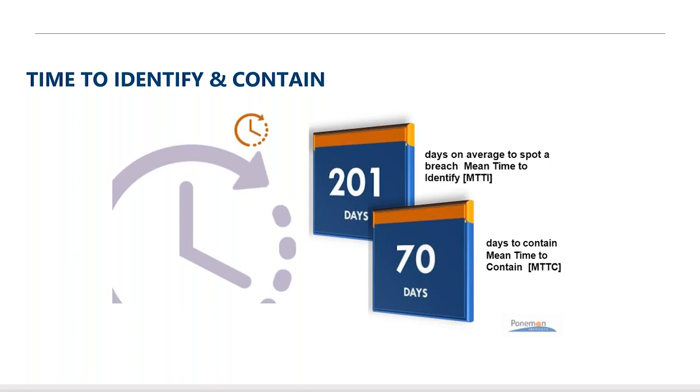Just imagine that the perpetrator has a good enough time, 200 days, to collect enough information about that organization which they have breached and do anything they want to. 200 days is enough to get information about PII, crown jewels, configurations, and everything you can think of. So that's quite alarming.